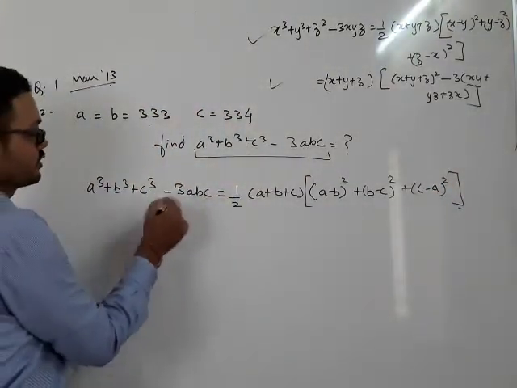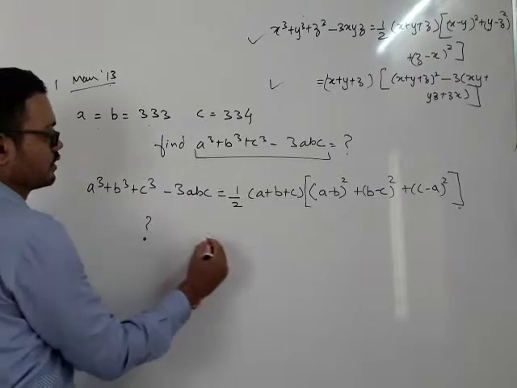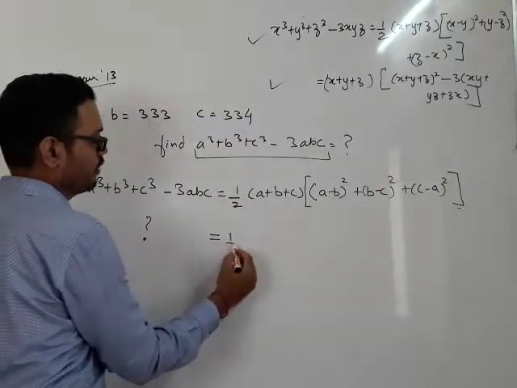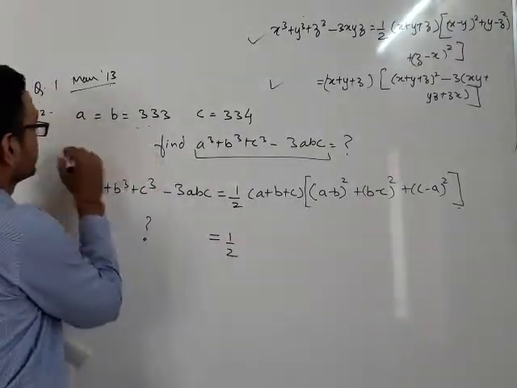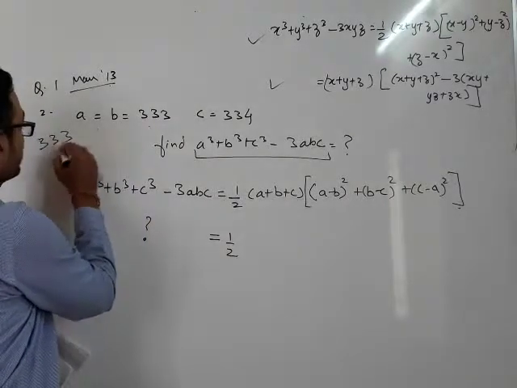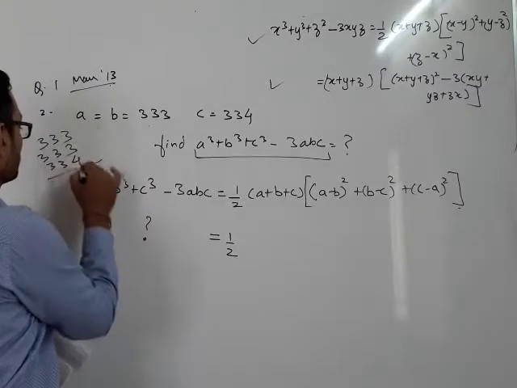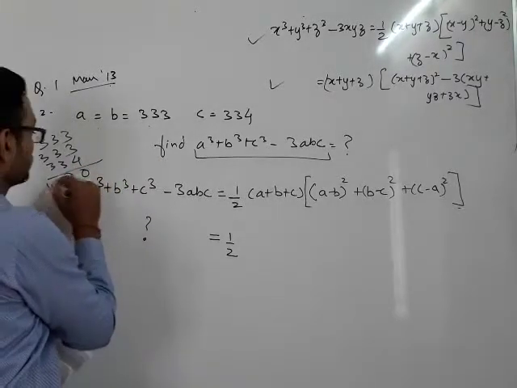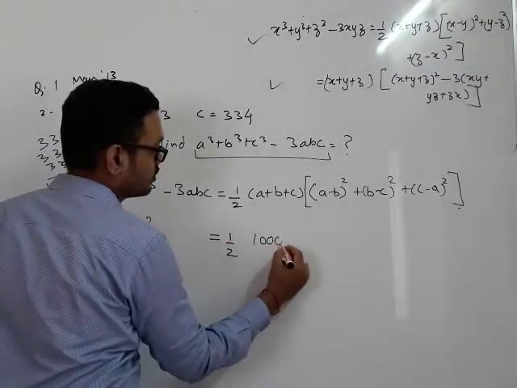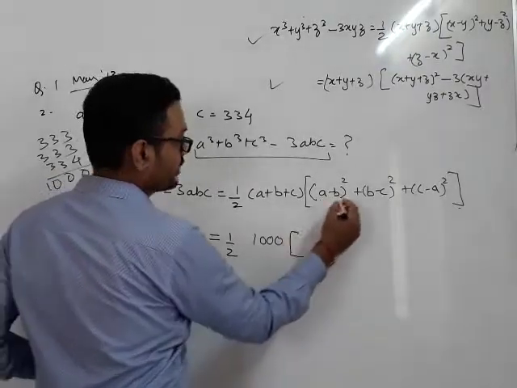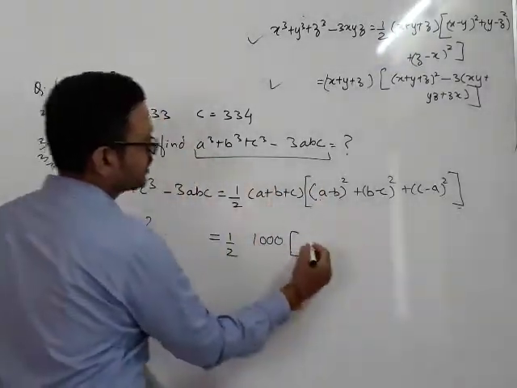Alright, just the left hand side is asked, so its value will be half of, what is A plus B plus C? It is going to be 333, 333, 334, which is 1000. A minus B is nothing else but 0.